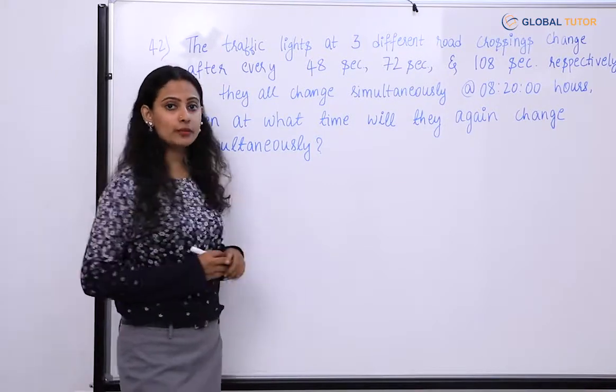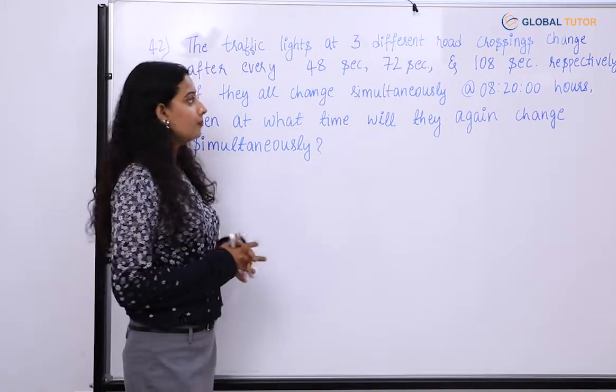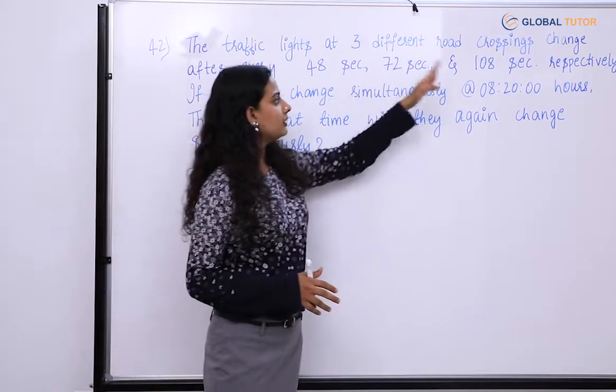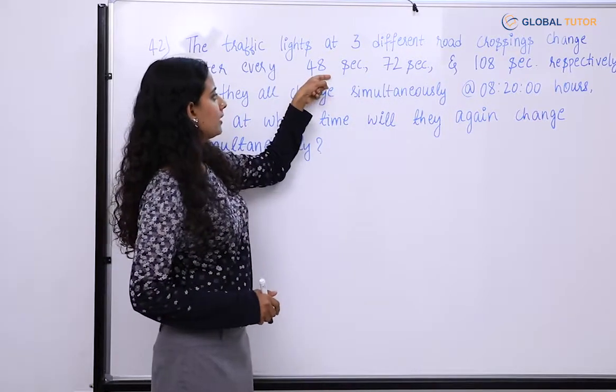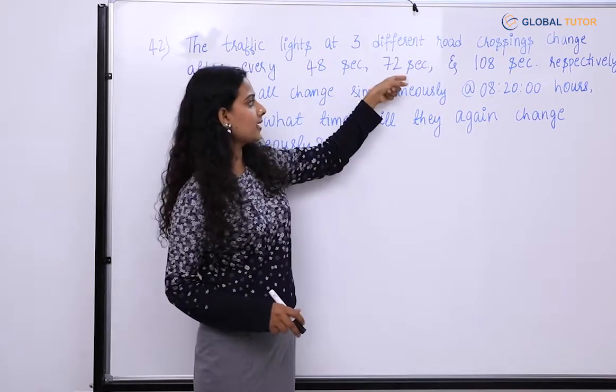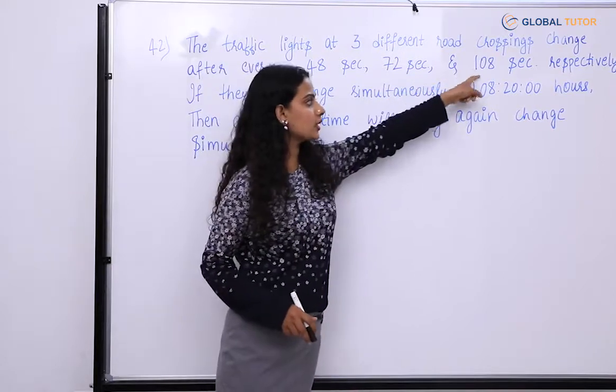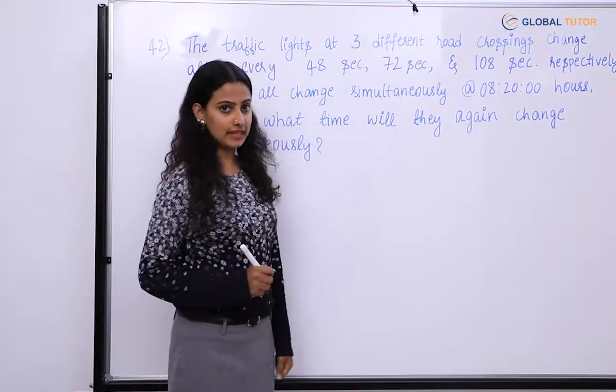So what do you understand from the question? There are 3 traffic signals wherein they all have different times. The first signal will change at every 48 seconds, the second signal will change at every 72 seconds and the third signal will change at every 108 seconds.